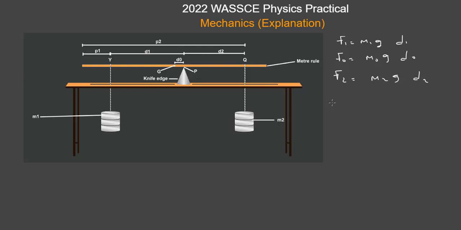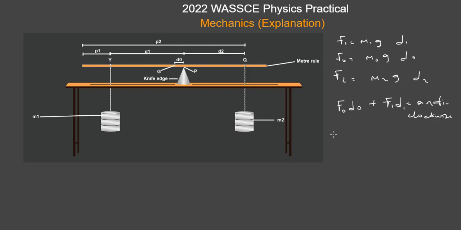This tends to go anticlockwise, this one tends to go anticlockwise, so we can say F naught d naught plus F1 d1, they are the anticlockwise moment.